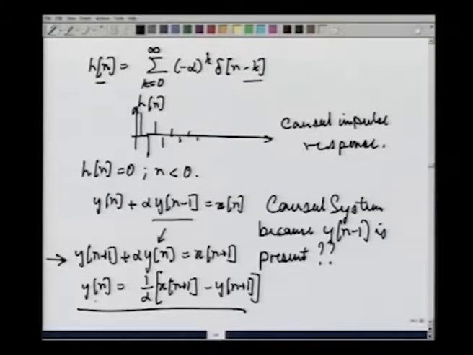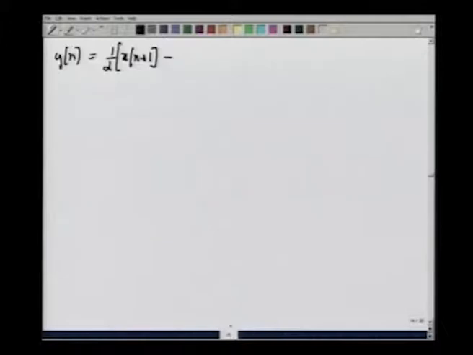If you wrote y n plus 1 on the left hand side, you would get 1 by alpha x n plus 2 minus y n plus 2. So, let us write that over here, minus 1 by alpha x n plus 2 minus y n plus 2.